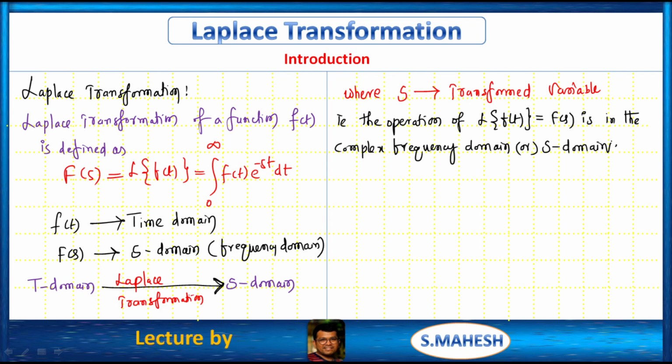Simply, we have the time domain as well as the frequency domain. Frequency is nothing but the S domain. So, sir, how can you say that it is the S domain or frequency domain?